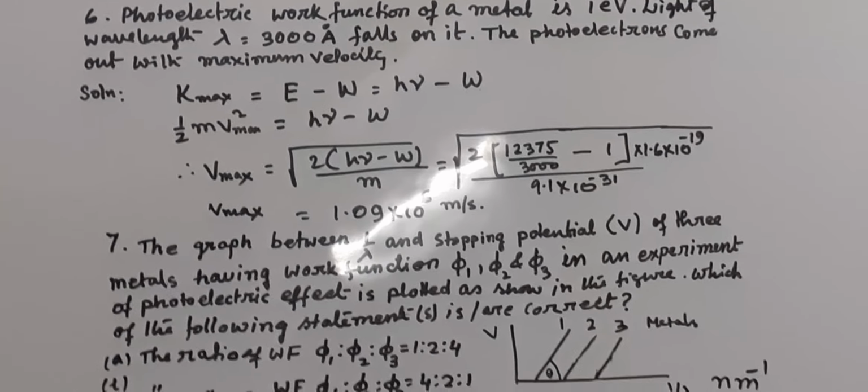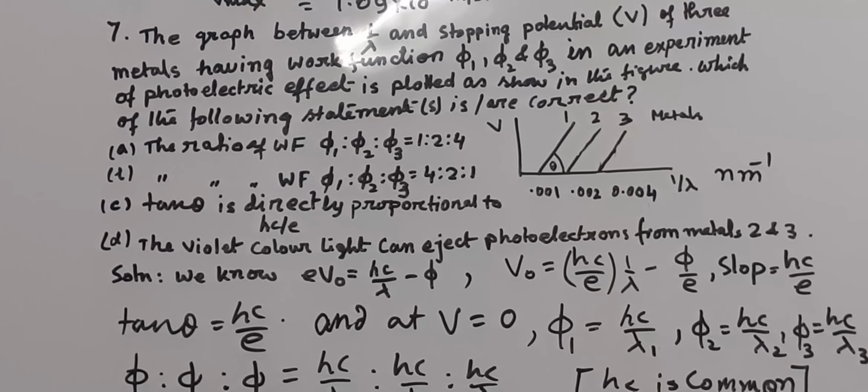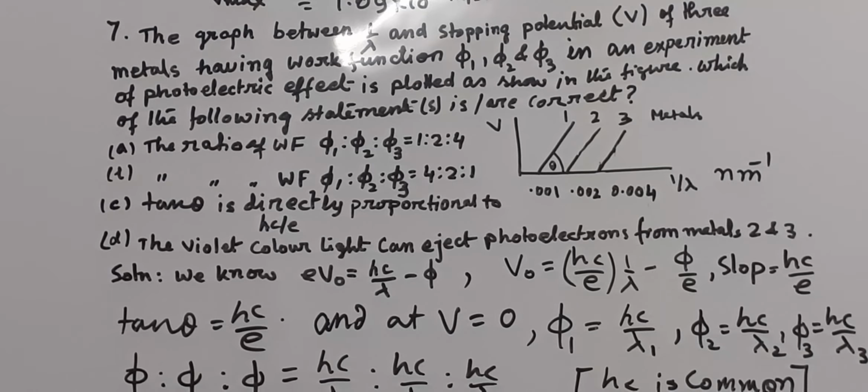Now, come to question number 7. The graph between 1 by lambda and stopping potential V of 3 metals having work function phi 1, phi 2, phi 3 in an experiment of photoelectric effect is plotted as shown in the figure. Which of the following statements is/are correct? Maybe more than one answer correct.